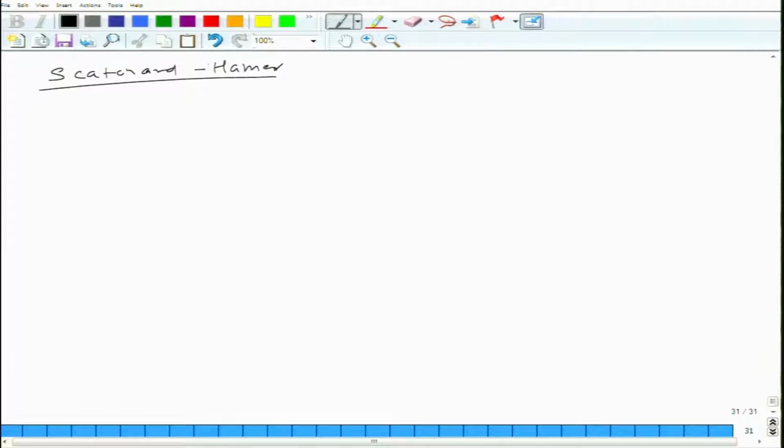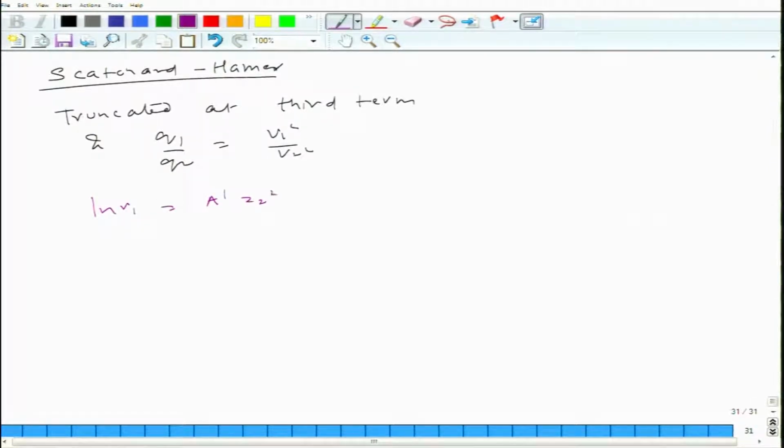This is an expression where the Wohl's expression is truncated at the 3rd term, and we put the ratio of these sizes as simply this. As I said, this is one model. This is nothing but the Scatchard-Hamer equation, and if you use this expression, then the following expression of activity coefficient comes.